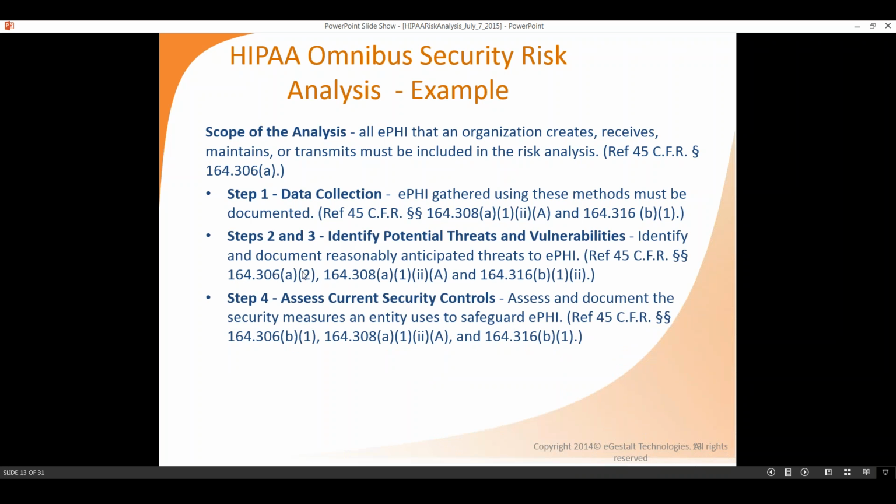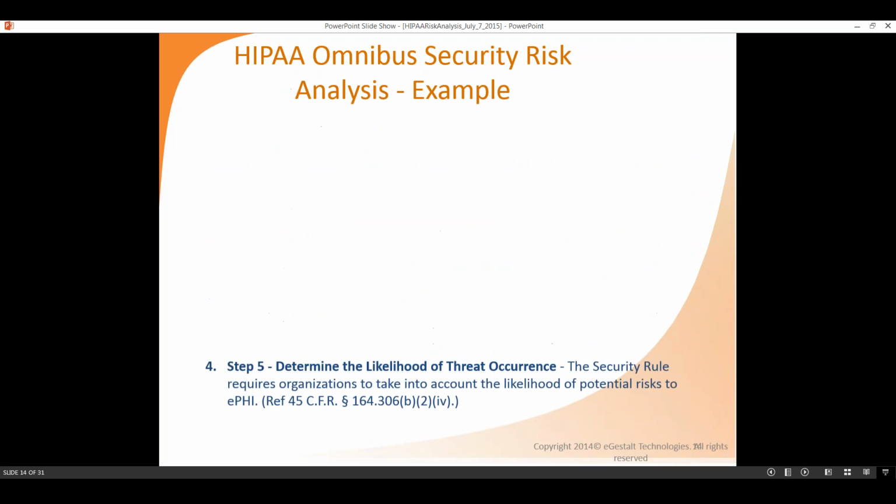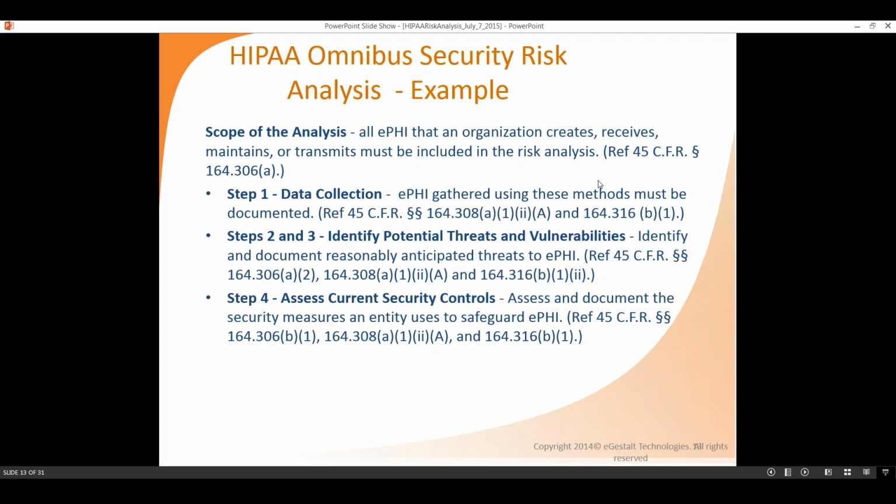And you see these particular section citation IDs. These are coming from HIPAA. That allows you to thread it as you go through the HIPAA questionnaire. Essentially you are providing this information as part of these citation IDs. And then the next step is to assess what current security controls are in place.